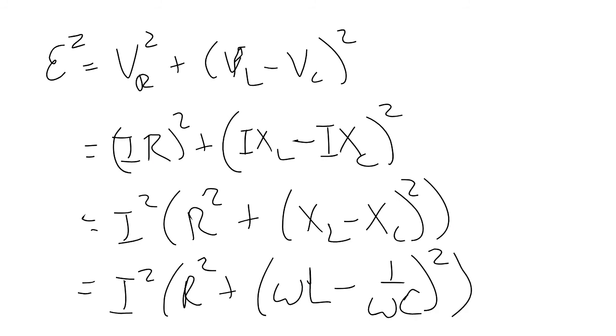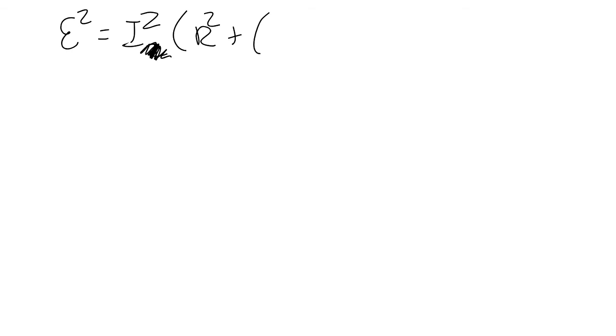And so now on to the next page. Epsilon squared is equal to I squared times R squared plus (omega L minus 1 over omega C) squared.